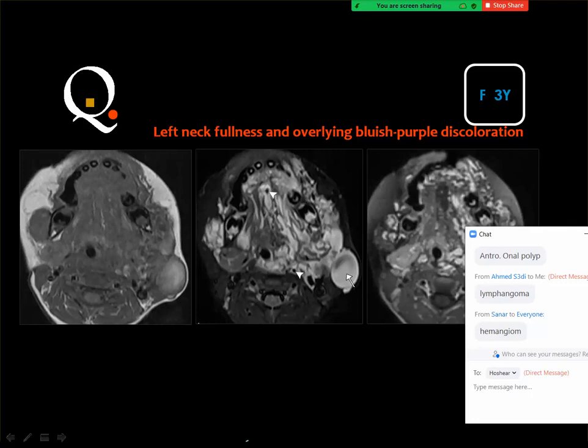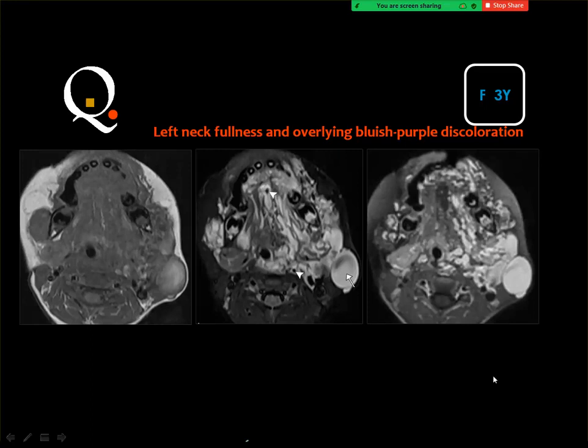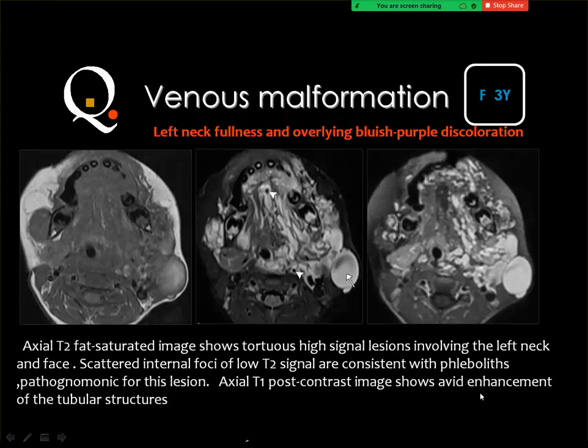Some answered hemangioma. Yes, you know that the recent name of hemangioma is venous malformation. And under the title of venous malformation, we can list number one the hemangioma, number two the cavernoma, number three the cryptic or the dural, the developmental venous anomaly.